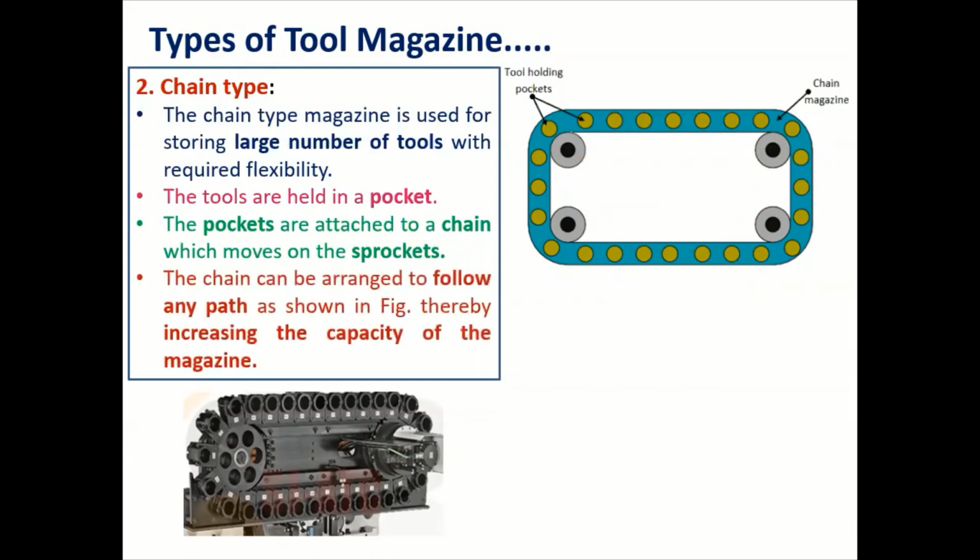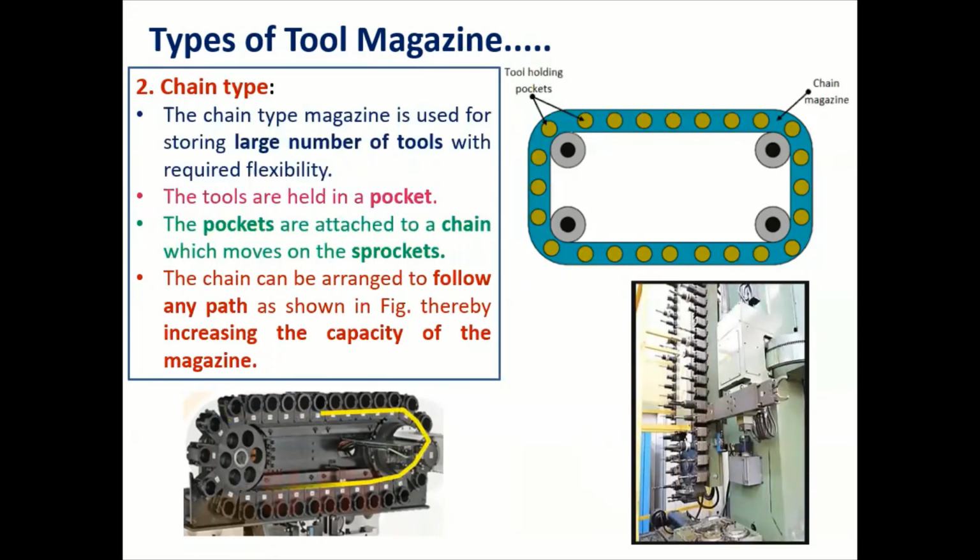The chain can be arranged to flow in any path, thereby increasing the capacity of the magazine. This is how it will be moving, there is a proper flow in this case. Here I will show you, this is again a vertical arrangement, and this is the arm we can observe in this diagram.